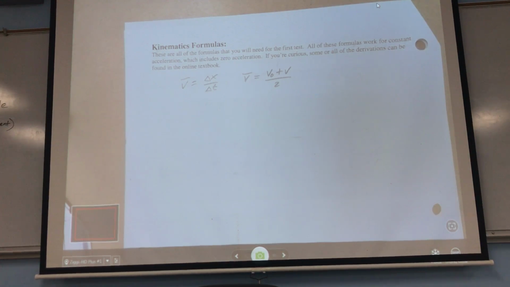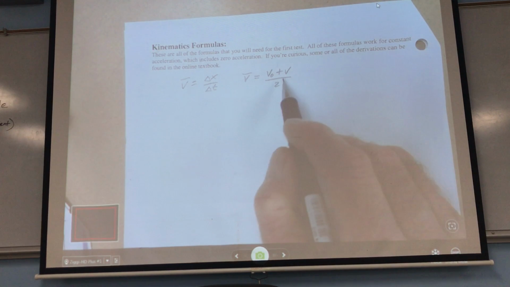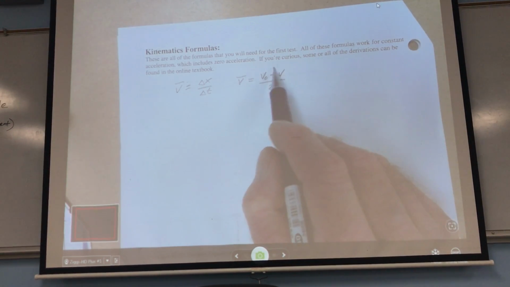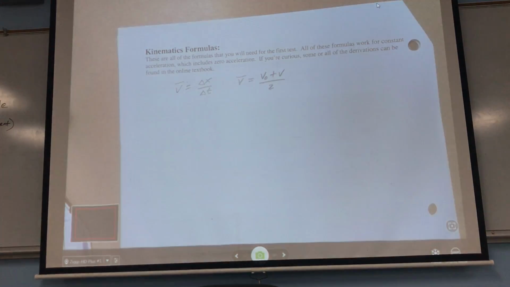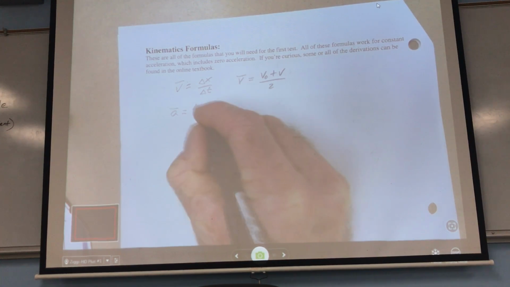Somewhere in the textbook it says v equals this, which equals that, and last year that messed a whole lot of people up because they were thinking delta x equaled this, and delta t was always 2. I don't know why they would think that. What's delta x again? Change in position, displacement, how far it's moving in which direction. This one we've already been over. Average acceleration is change in velocity over change in time.